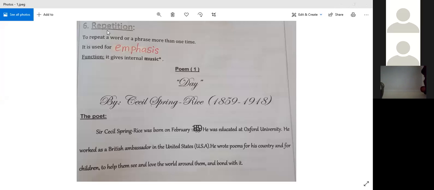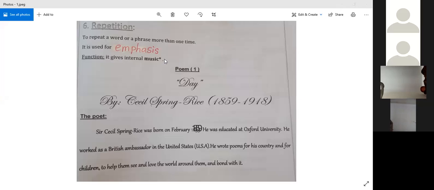And what's the use or how it's useful to get repetition in the poem? It gives us internal music. As you can see here, this is the function for the repetition. It gives internal music. Okay, I hope that this part is clear for all of you guys. And of course, we're gonna go and see how to get the repetition in each and every stanza in our poem today.